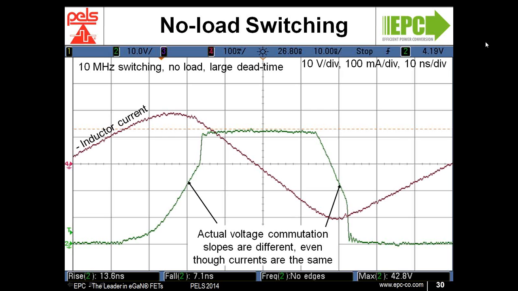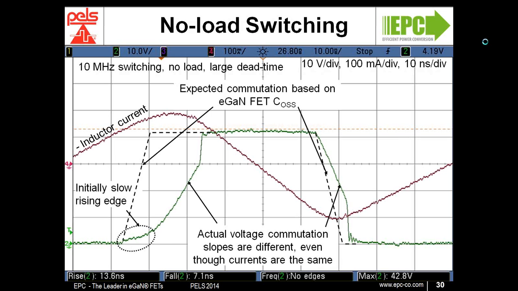Furthermore, there's an initial edge that is rising very slowly. If we calculate what the output capacitance, the COSS of the FETs are, the dotted line is what we would have expected the ZVS commutation to look like. And we can see there's a significant discrepancy between idealized and actual in-circuit performance.